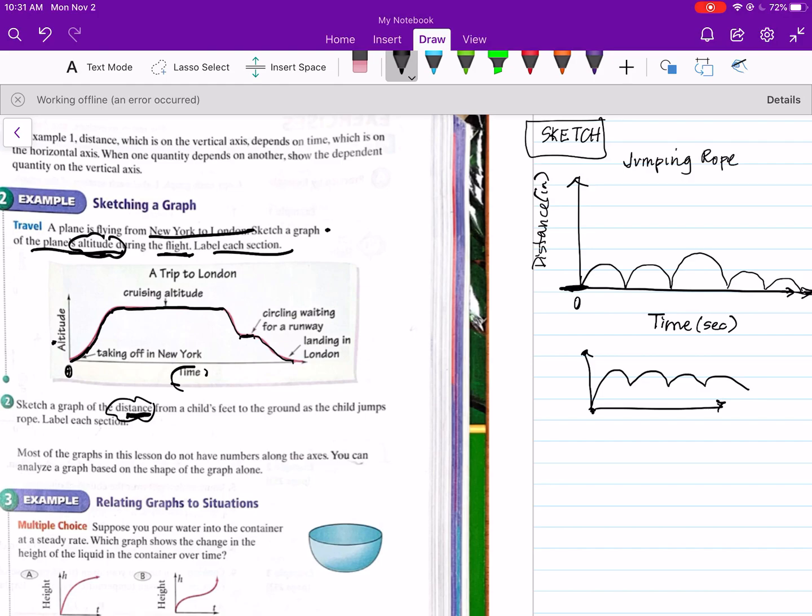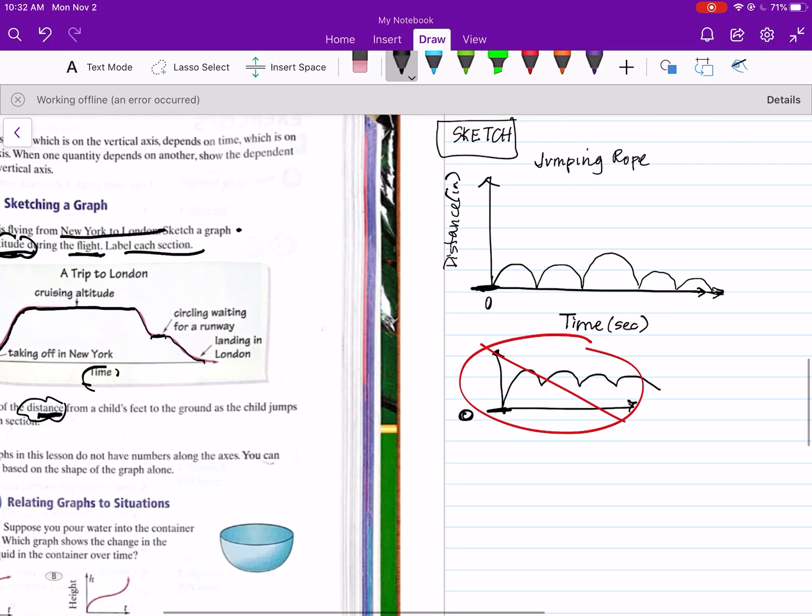Remember that this distance is 0. So that's the ground. If you sketch something like this, these people are levitating. They're not touching the ground. Whoops, that can't happen unless you're David Blaine, I guess. And I think still it's all an optical illusion. So that cannot happen. So therefore, you have to touch the ground each time. So kind of keep that in mind.